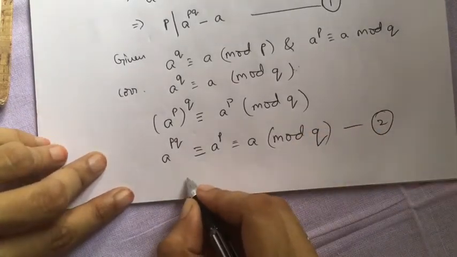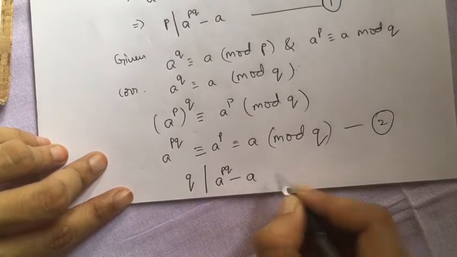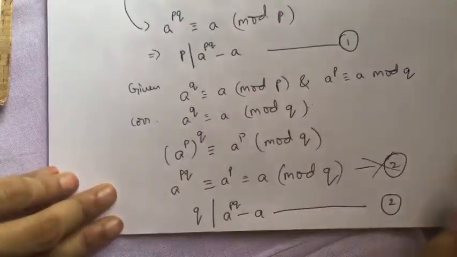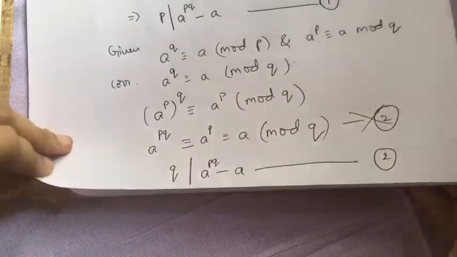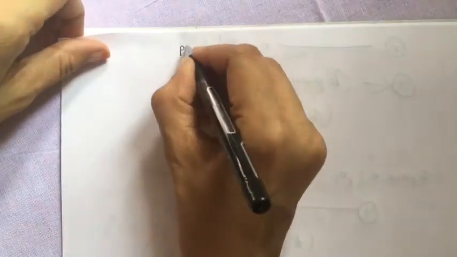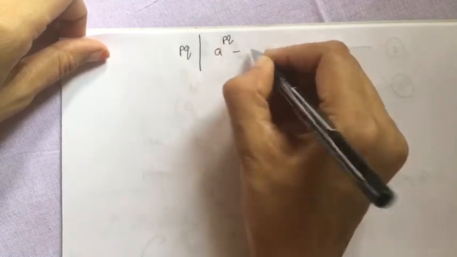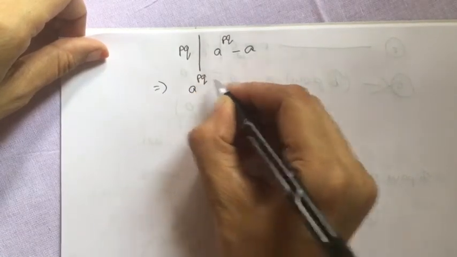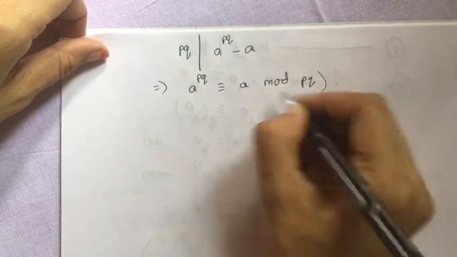That means q divides a power pq minus a, which is the second relation in fact, right? So from 1 and 2 I can write pq divides a power pq minus a, which is nothing but a power pq is congruent to a mod pq.